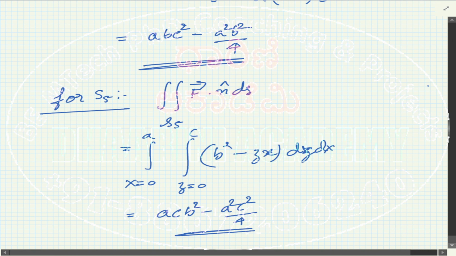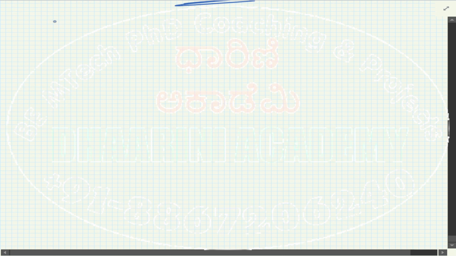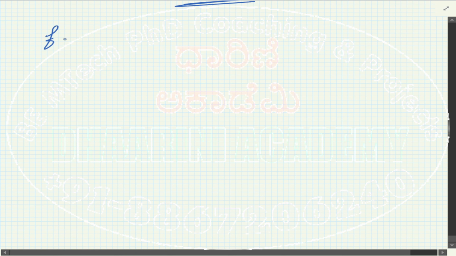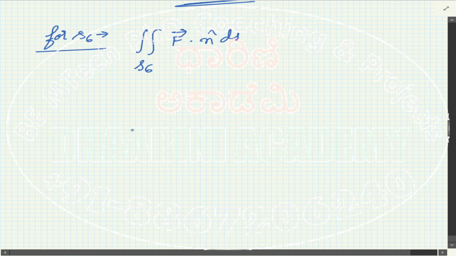Alright, and the last area needs to be integrated now. So that is for S6, this is the double integral over S6, this is vector f dot n cap ds. Okay, so this has to be equal to, now in the final integral, the integration happens with respect to y is 0 to b and integration z is equal to 0 to c.